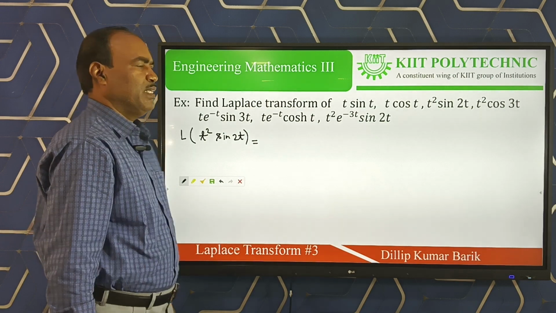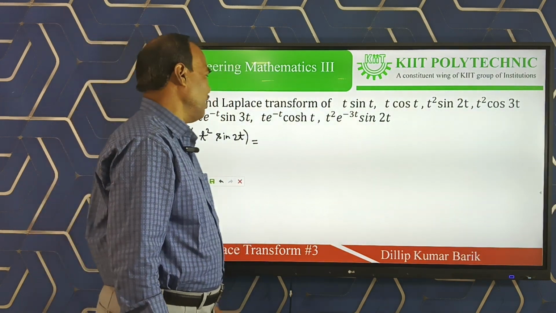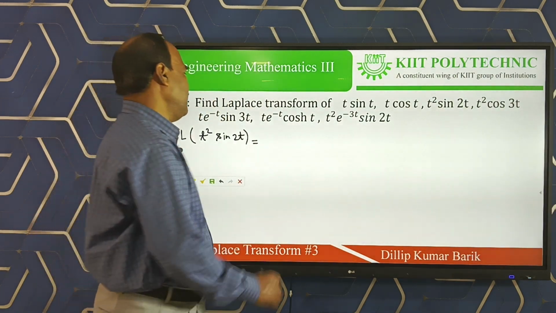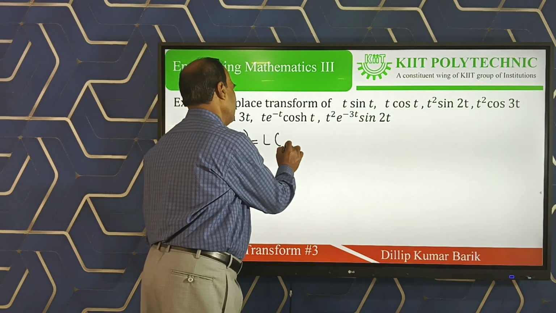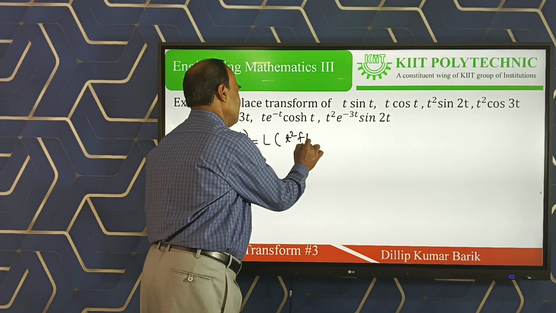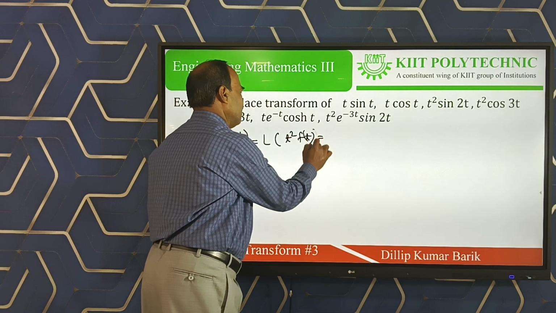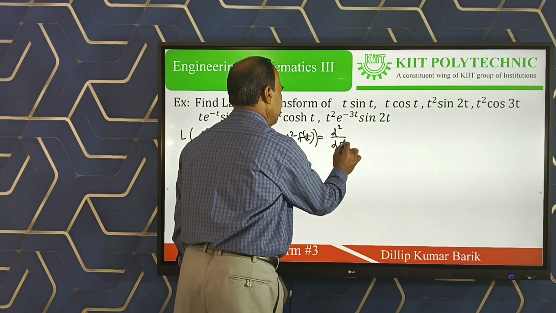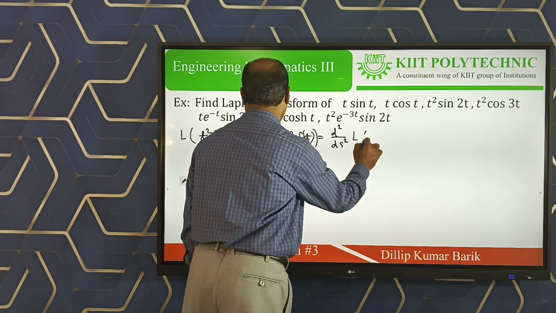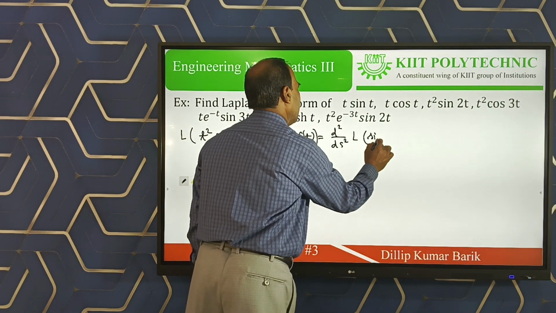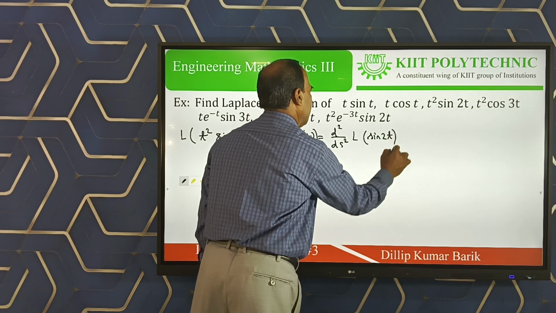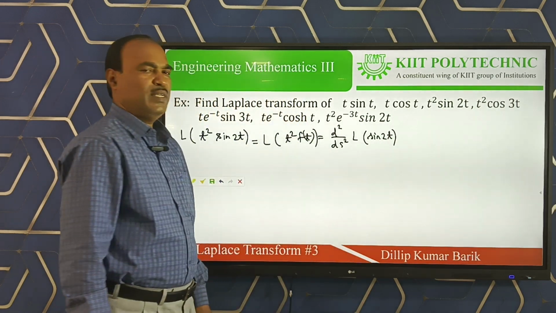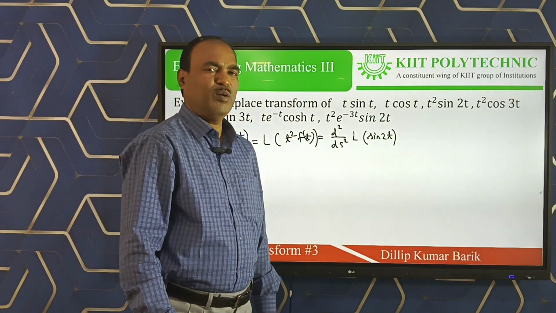Now see, if I compare this to our formula, Laplace of t square f(t) is nothing but the double derivative d2 by ds square of Laplace of f(t), here sin 2t. But what is the basic idea behind the double derivative?